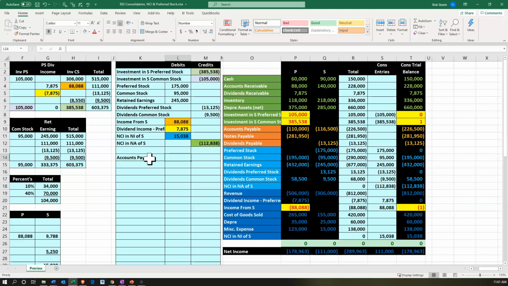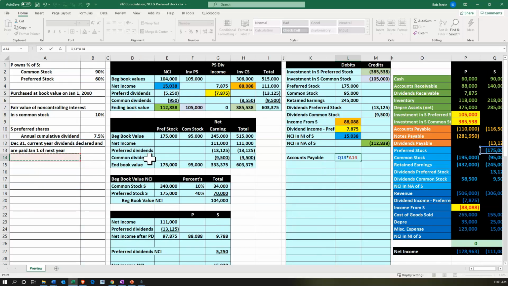If we wanted to recalculate the dividends, just to calculate them for this problem, it would be the negative of the preferred stock here times that 7.5%, that would be the full 13,125.